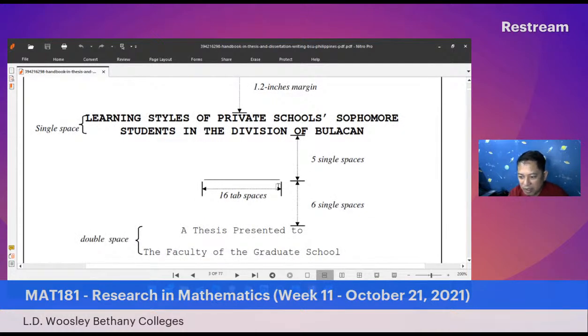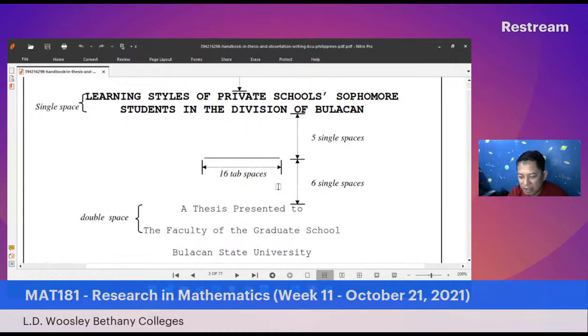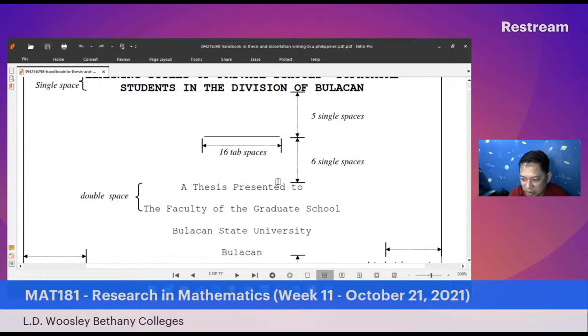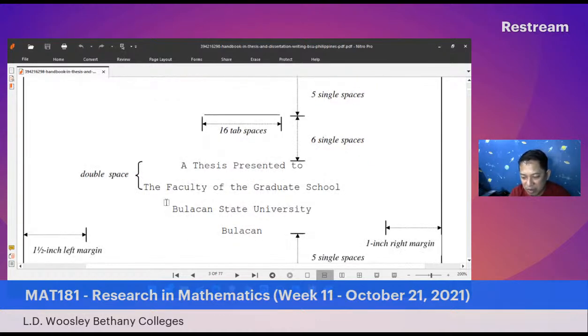And then we have the title, then the submission statement: a thesis presented to the faculty of the Department of Education, Bachelor of Secondary Education, Major in Mathematics Program. In our case, it's LD Woosley Bethany Colleges.